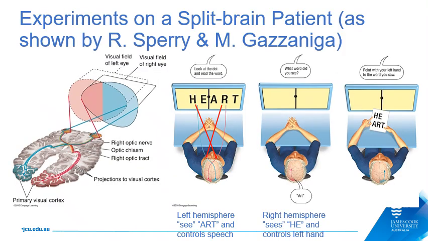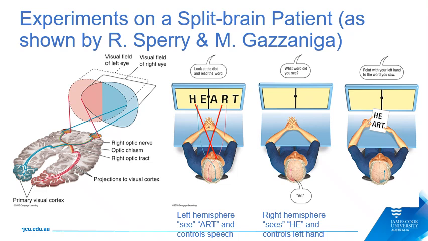evidence. Now we turn to experiments on the split brain patient as shown by Roger Sperry and Michael Gazzaniga. As we learned from our vision lecture, certain parts of our visual field from both eyes go contralaterally to the other brain hemisphere. In this case, we have a split brain patient looking at the word HEART, which is separated into HE and ART.